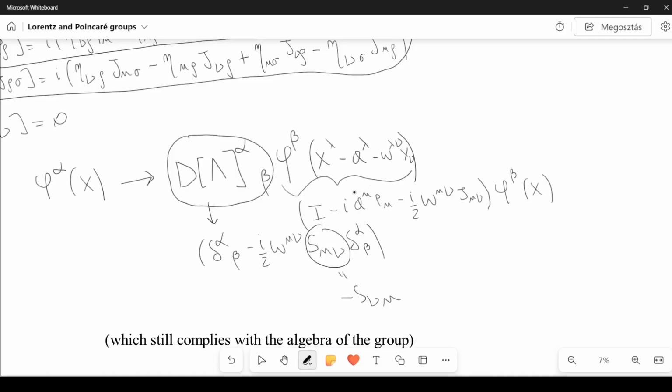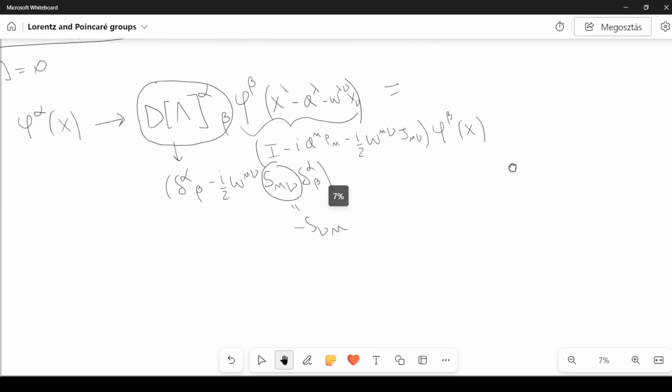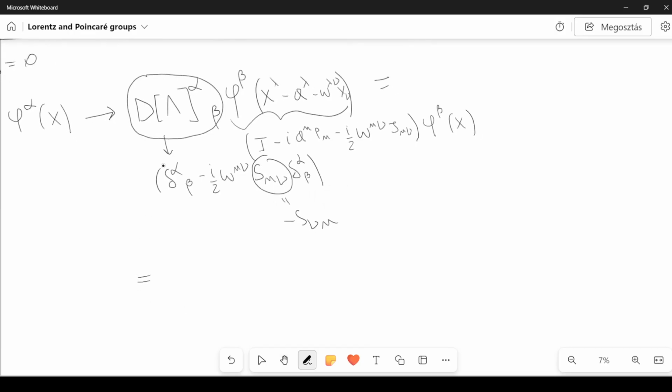At this point, if you put these two results together, we can multiply these parentheses with these parentheses, and we can neglect second order terms, because for example when you multiply this by a mu, you have a mu times omega mu nu, which is a second order term, and similarly when you multiply omega mu nu by omega mu nu, you have a second order term. So what you're going to get is something like this.